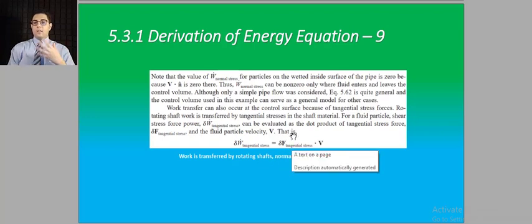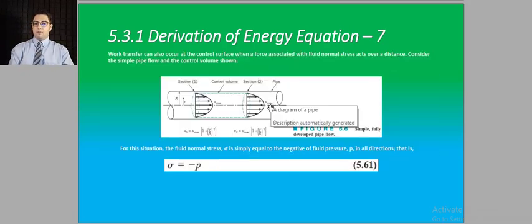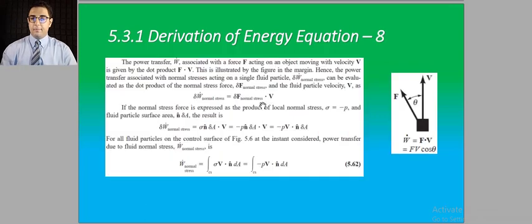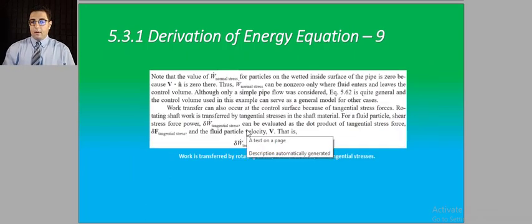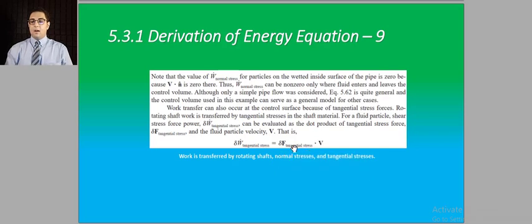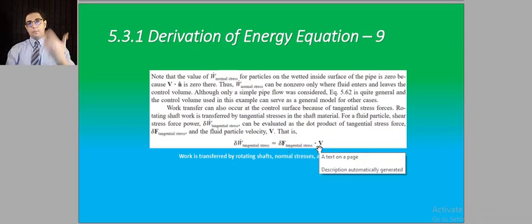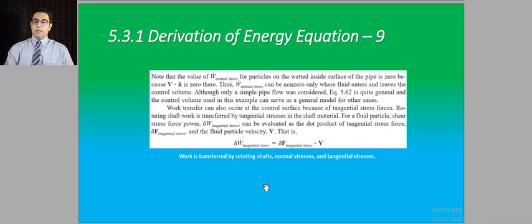They are going to be non-zero only where the velocity is in the centroid of the velocity profile, which is happening here. The work of the tangential stress is defined as delta of a force of tangential stress multiplied by V, which is the total work of shear stress.